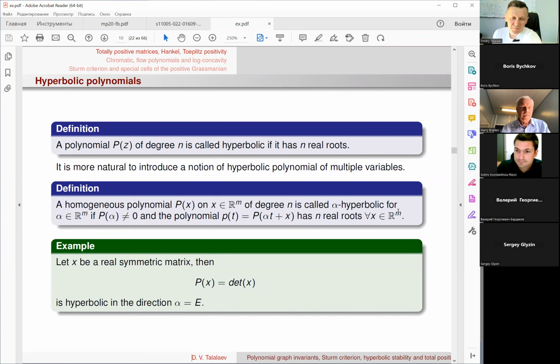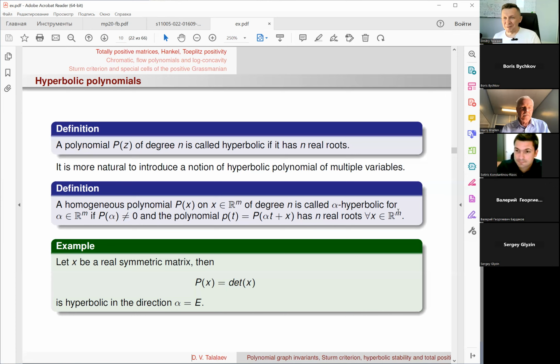Just a very simple example. Let X be a real symmetric matrix, an element of the linear space of real symmetric matrices. Then we can consider the polynomial P of X on this vector space, which is just the determinant of the matrix X. This polynomial is hyperbolic in the direction alpha, which is just the identity matrix.